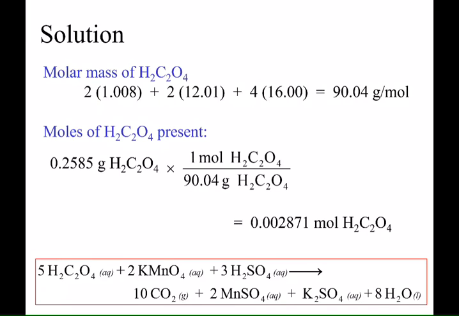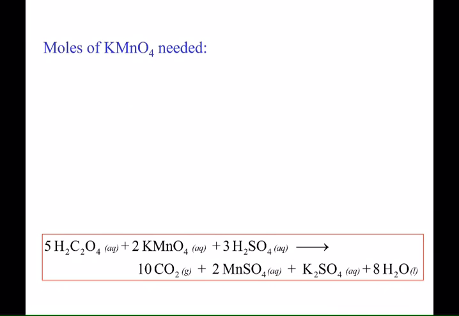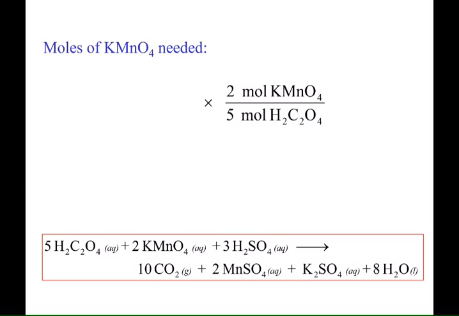Next step is to take those moles now of the acid and go to moles of the KMnO4. Ooh, that looks real exciting. Oh, I didn't reveal the answer. Look, my thing got blanked out. Let me pull that up.